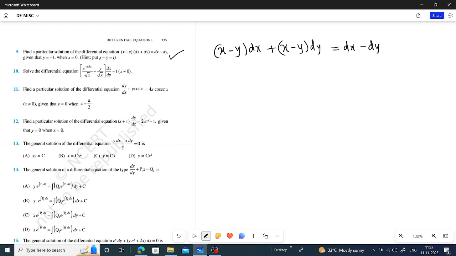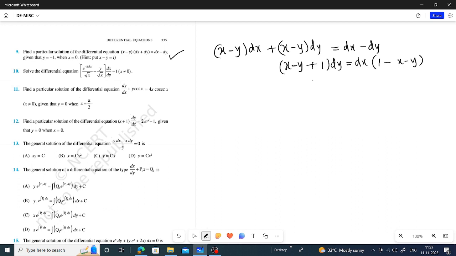So what I write is (x minus y) dy, and here minus dy is there. Minus dy, when it comes here, it becomes 1 dy, and dx is there, x minus y is there. So dx is common factor there. So I bring this x minus y here, 1 is here, and x minus y.